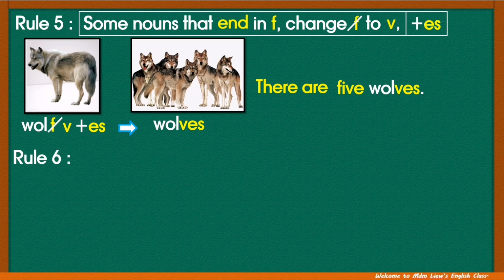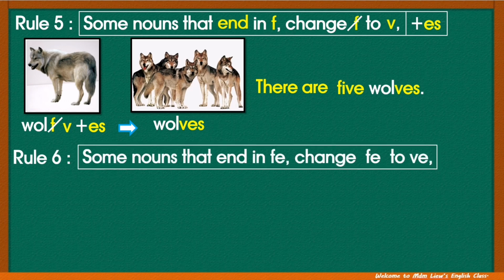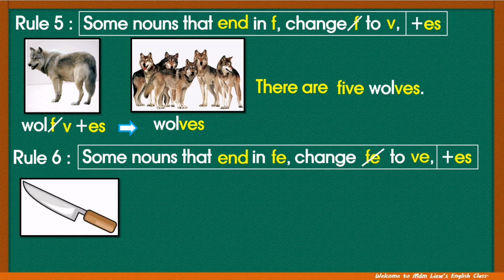Sixth rule. There are some nouns that end in FE. Change the FE to VE, then add ES to make the nouns plural. Example, what is this? Good, knife. The noun knife ends in FE.